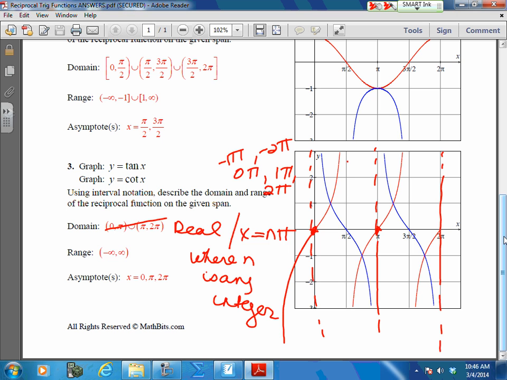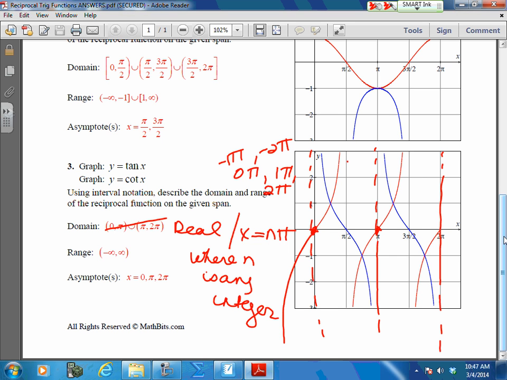Did you see a little bit of similar things here? Your tangent and your secant were the same, and your cosecant and your cotangent were the same in terms of domains. And again, your range on this guy, all real numbers.